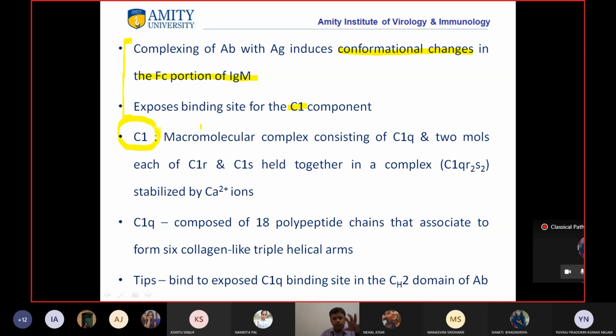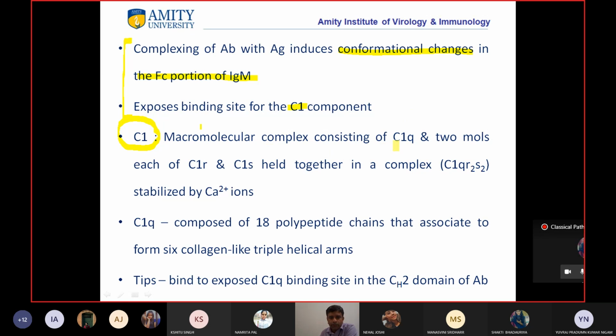Okay, this is a little complicated as compared to others. So don't worry about it, because it's a macromolecular complex. It's not simple. It's a macromolecular complex which consists of three different components.